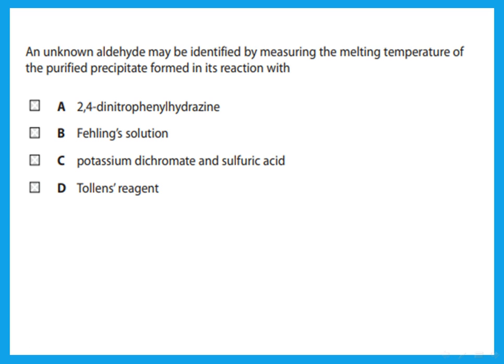Okay, let's take a look at this question. An unknown aldehyde may be identified by measuring the melting temperature of the precipitate formed in its reaction with what? So aldehydes will react with which of these to give a precipitate?